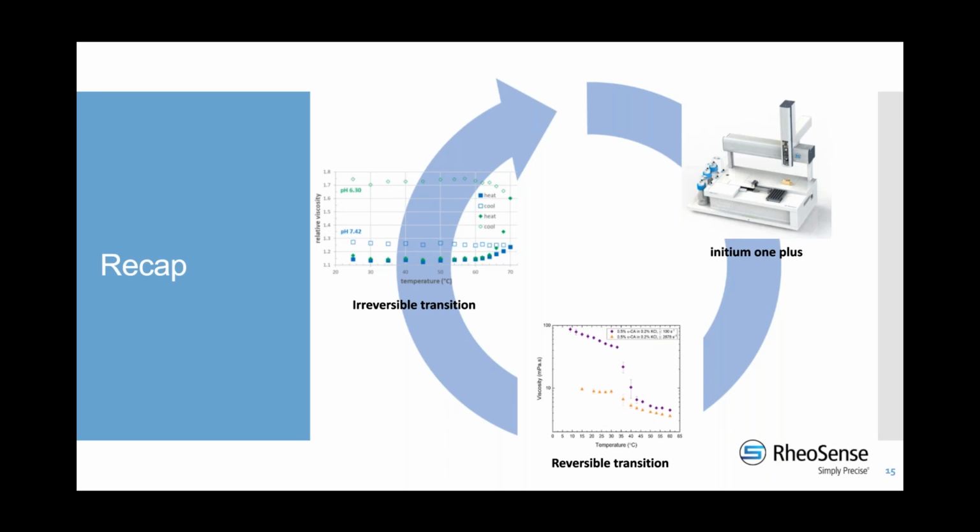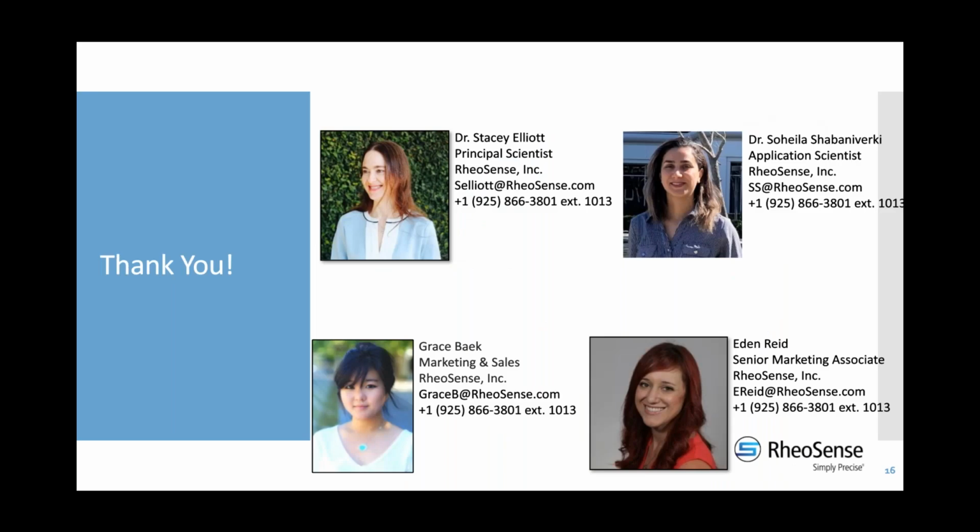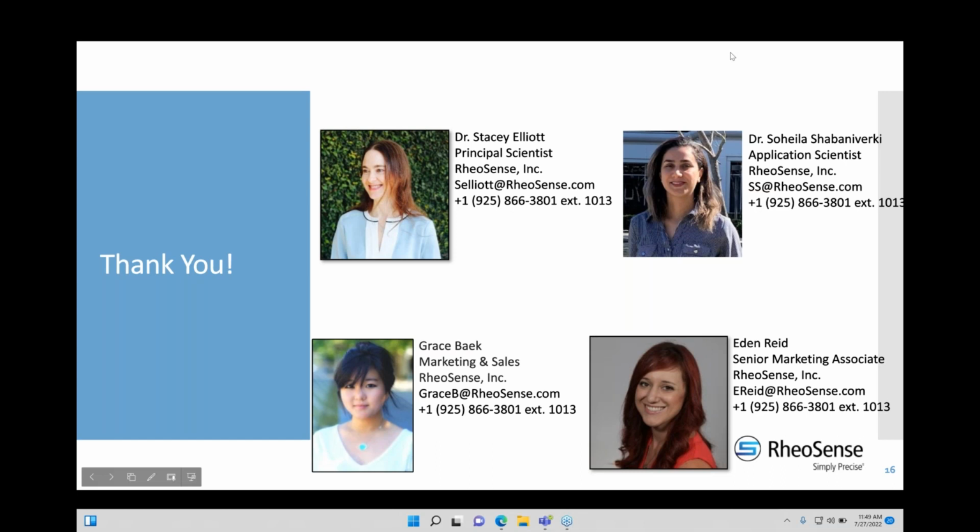And we've identified the ability to use this in both reversible transitions like the kappa carrageenan and the irreversible transitions that we see with the denaturation of the proteins. So I'll stop there, and we'll be happy to answer any questions that may have come up during the presentation.